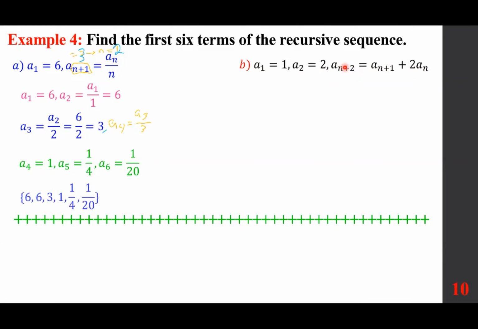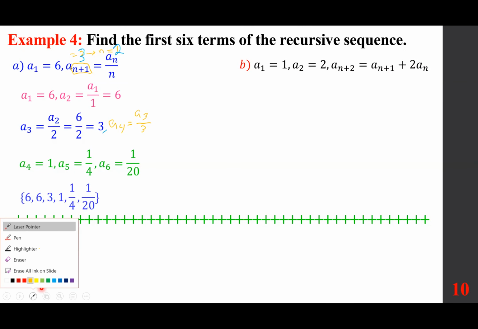So using that, and again, if you have any doubts, you can even set this one equal to 3 because that's the next term. So a sub 3. If you do that, n plus 2 is 3, n becomes 1. So if n is 1, this is a sub 2, and this is a sub 1.